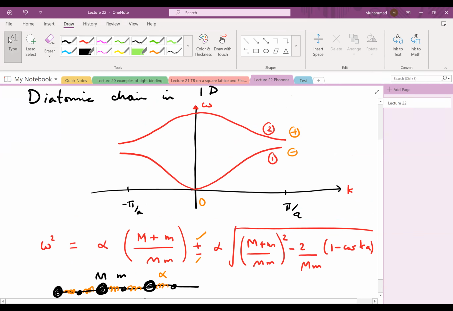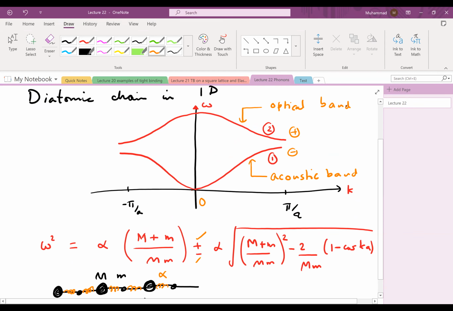So these bands also have a special name as far as the vibration degree of freedom is concerned. This band at the bottom is called the acoustic band, and the band at the top is called the optical band. Now, these names come from legacy, and I'll explain where these names come from, but that's what I'm going to do now.